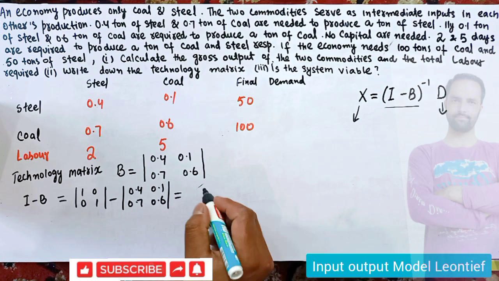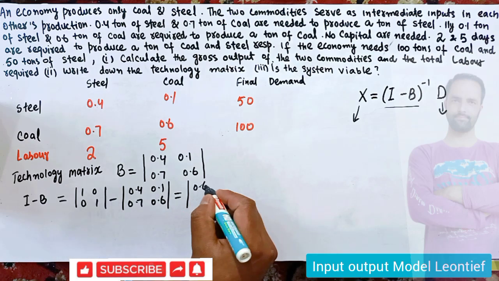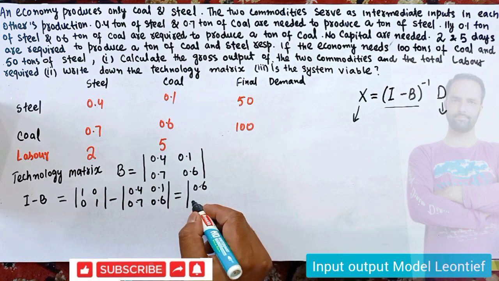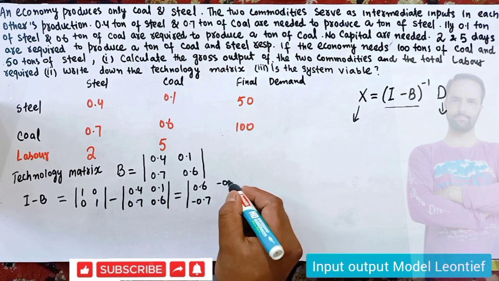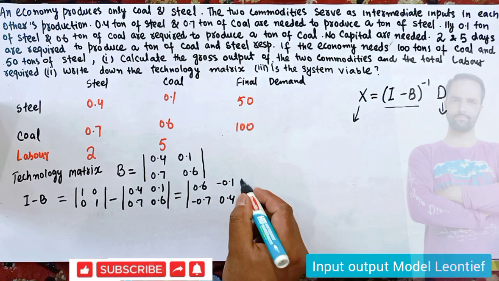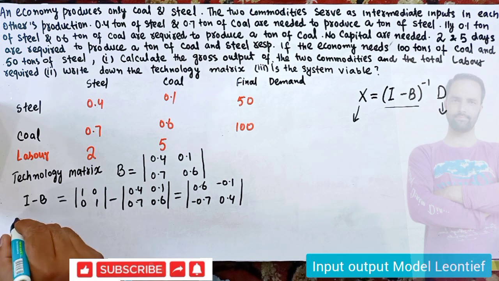When we subtract, we get 1 minus 0.4 is 0.6, 0 minus 0.7 is minus 0.7, then 0 minus 0.1 is minus 0.1, and then 1 minus 0.6 is 0.4. This is our I minus B. After that we need to find out the determinant of this I minus B.